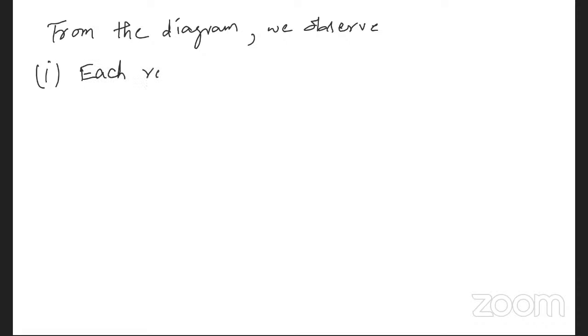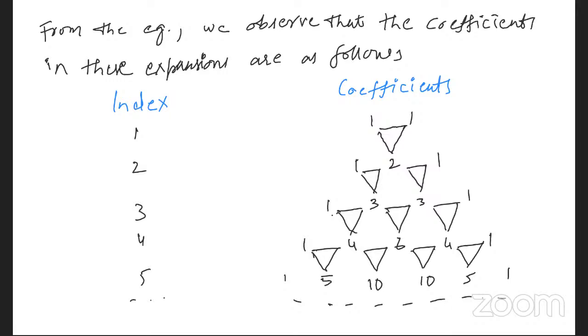From the diagram, we observe, first point, each row begins and ends with 1. So what do you observe from the diagram? Each row begins and ends with 1.